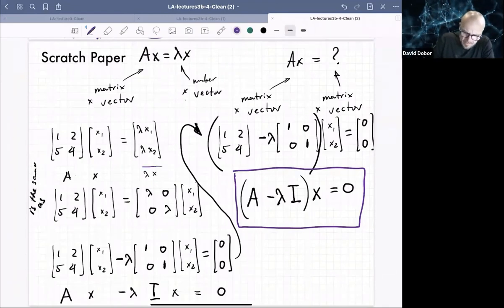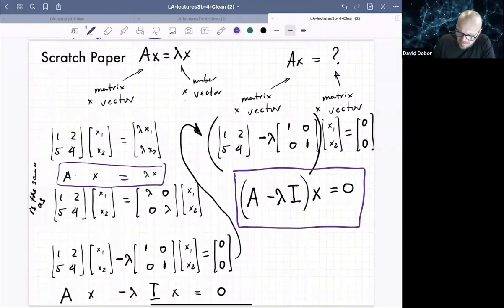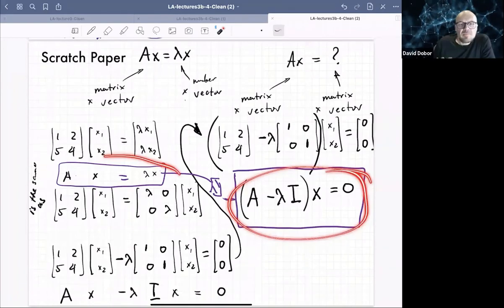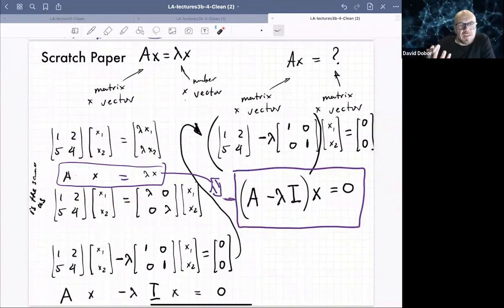This is Ax equals lambda x, the same as this. This is the whole point of this little scratch paper, or slide, whatever you might call it: to show that these two ways refer to the same thing. It's just a different way of writing down the same thing.